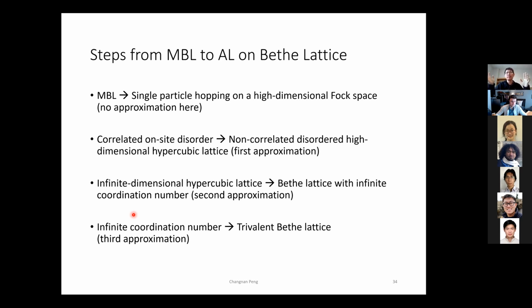This is the Bethe lattice, but it has infinite coordination number, which means each site has an infinite number of neighbors. And our third approximation is that we assume this infinite number can be reduced to 3. So, as in our previous plot of the Bethe lattice, each site has 3 neighbors. Hopefully, these approximations will keep the key features of many-body localization in this Anderson localization on the Bethe lattice.